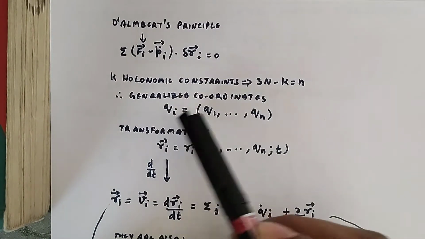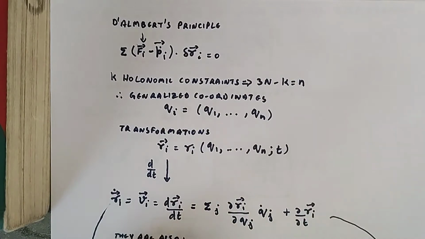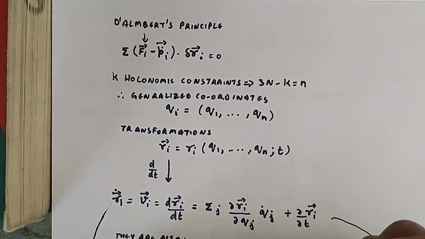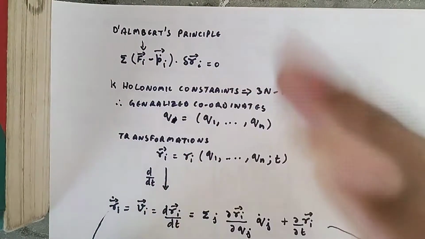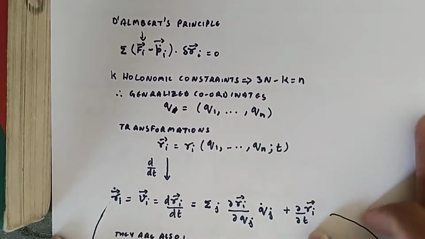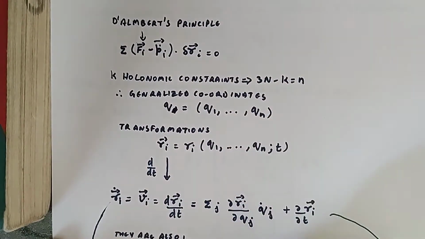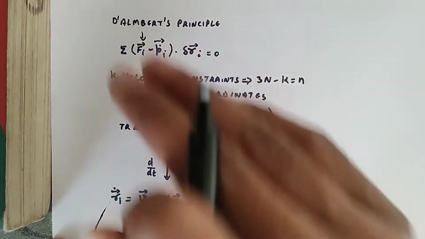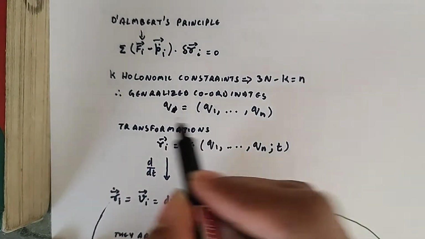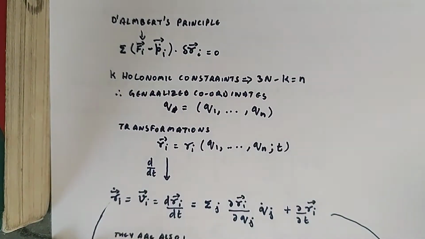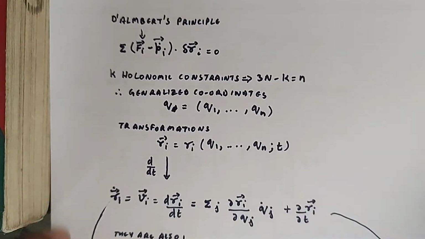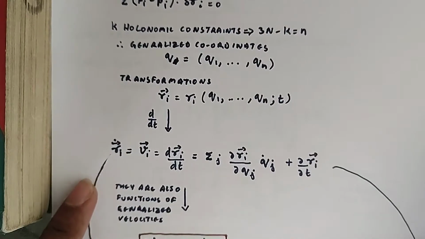So this is qi is equal to q. You don't actually need qi, just state the q. So it's a general q which has all the q1, q2, up to qn. So now we do a transformation of this q as we did before. If you remember the configuration space, if you don't, just check that video or just check your notes.